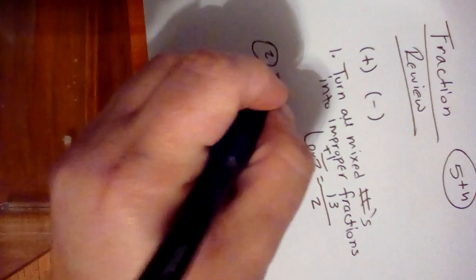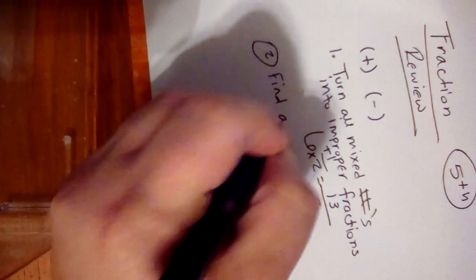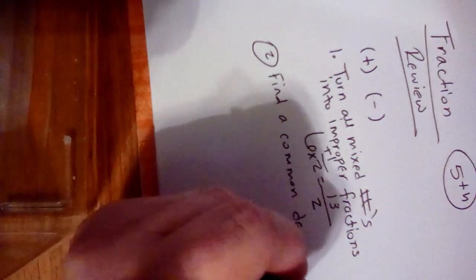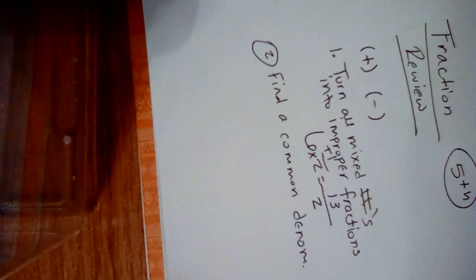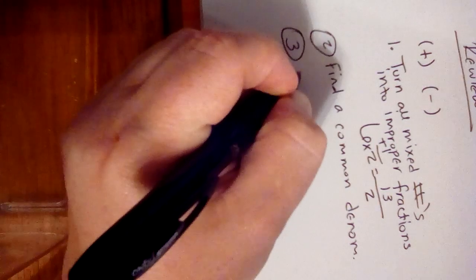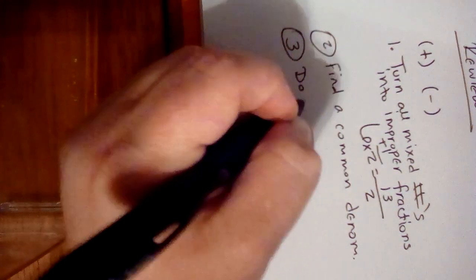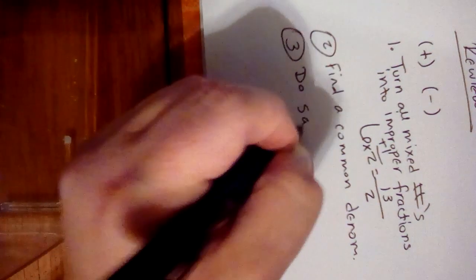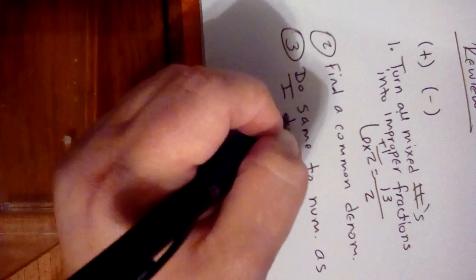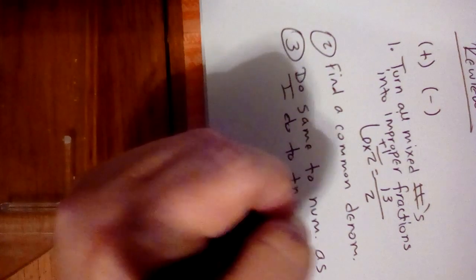Secondly, I need to find a common denominator. A common denominator, a number that both numbers will go into. Thirdly, I don't even know if that's a word, but thirdly, I need to do the same to the numerator as I do to the denominator.